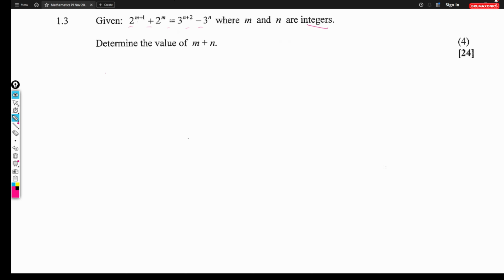Okay, so I'm going to just write 2 to the power m plus 1, plus 3 to the power n plus 2, then the minus of 3, right? Oh, that looks like a b. I don't like it, so I have to erase that and write minus 3 to the power n, right?